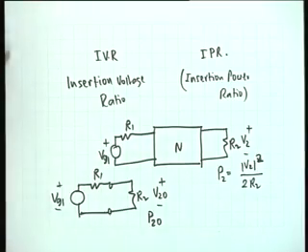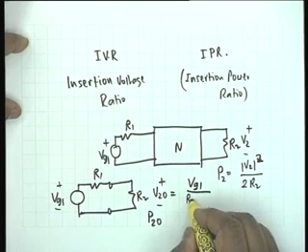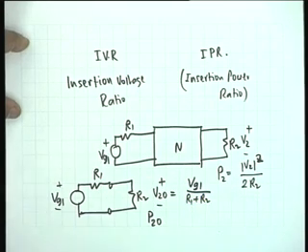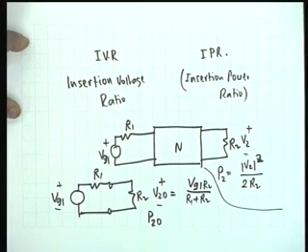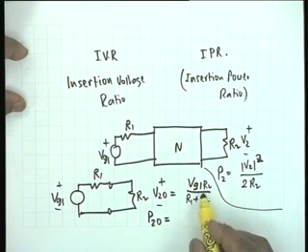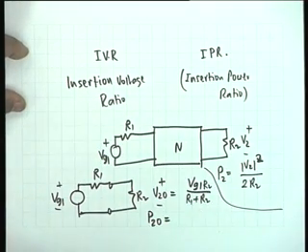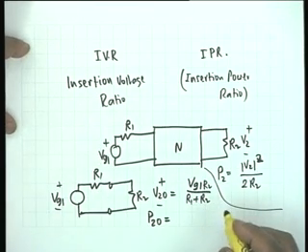Alright. Then what is V20? Obviously Vg1 divided by R1 plus R2, is that okay, into R2. This is V20. And what is P20? P20 would be V20² divided by 2R2.